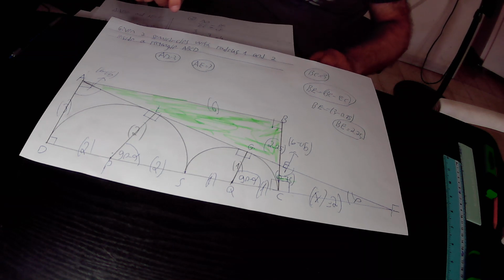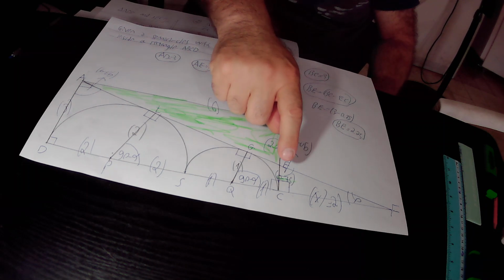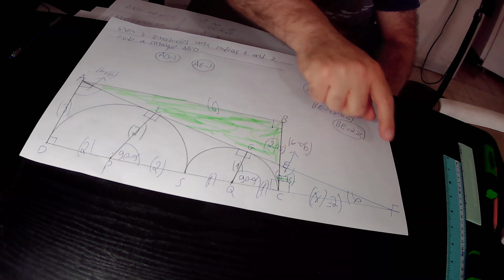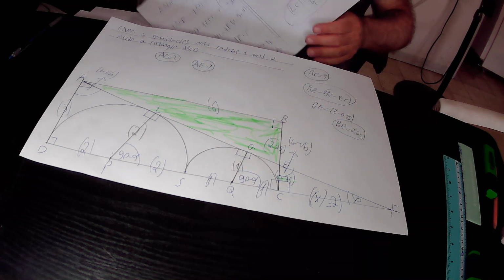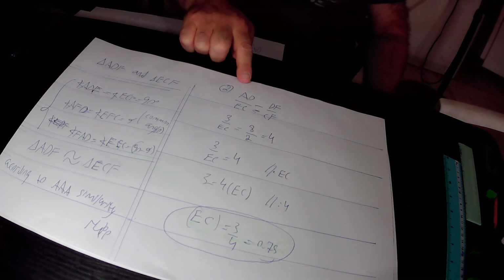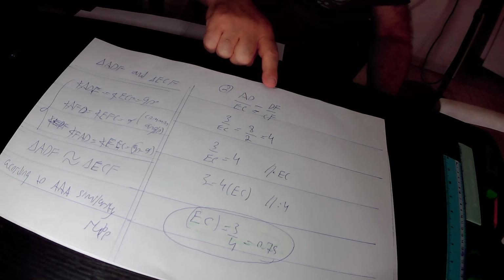Side AD in the big triangle over side EC in the small triangle equals side DF in the big triangle over side CF in the small triangle.